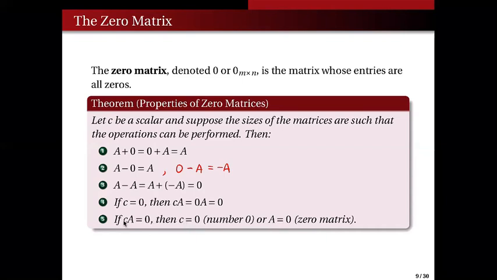Either your scalar was 0, that's the number 0, or your matrix is the zero matrix. So your scalar is 0, your matrix can be any, or you have any scalar but your original matrix was the 0 matrix. Okay? So if C A is equal to the 0 matrix, then C is the 0 scalar or A is the 0 matrix.